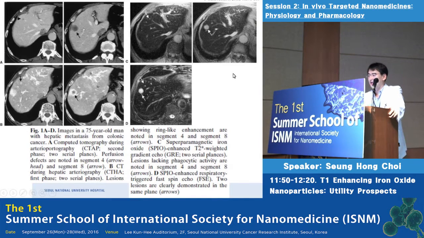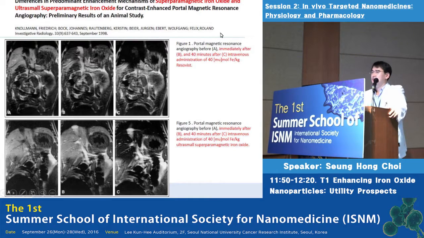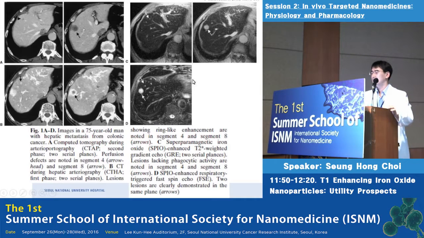And then there was some research where the researchers wanted to make the SPIO agents more popular than before in terms of vascular imaging. Actually, to obtain this SPIO enhanced MR imaging, we need 10 to 30 minutes for the Kupffer cells to take up the SPIO agents.